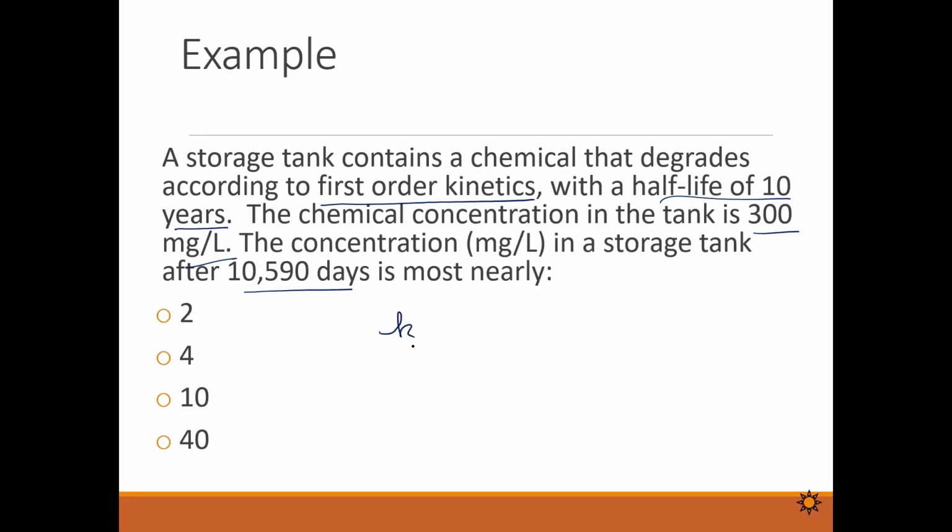So K is equal to 0.693 over t to the 1/2. We have 0.693 over 10 years, times 365 days per year, so we'll end up with inverse days. That is 1.9 times 10 to the -4 inverse days. I didn't use the negative.